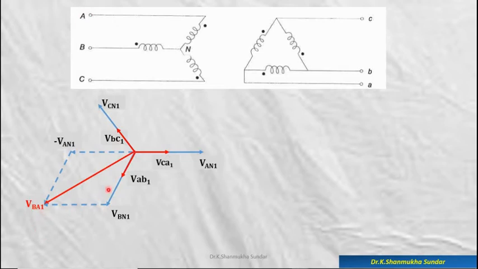Now you see here again you have the phase difference of 30 degrees. Now can you tell me the relation between VBA1, the line voltage on star side, and VAB1, the line voltage on delta side? What is the relation here? The line voltage on star side lags the line voltage on delta side by an angle of 30 degrees.